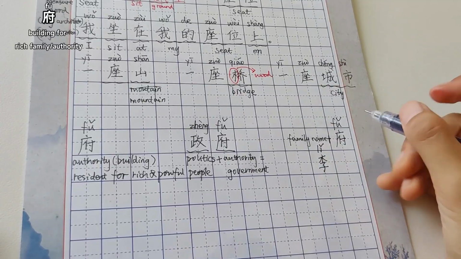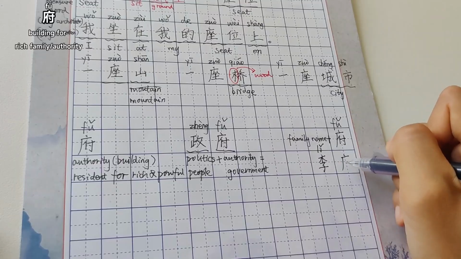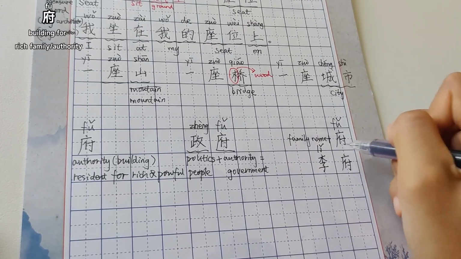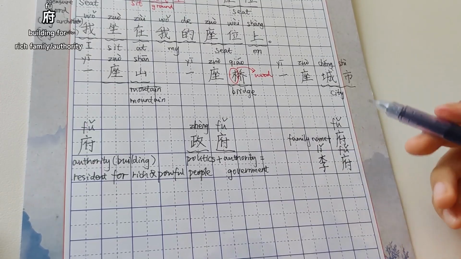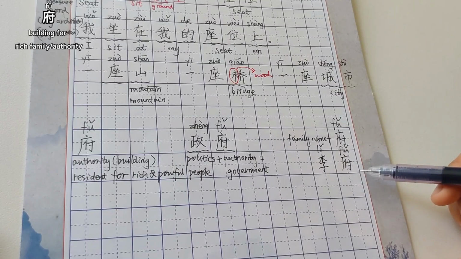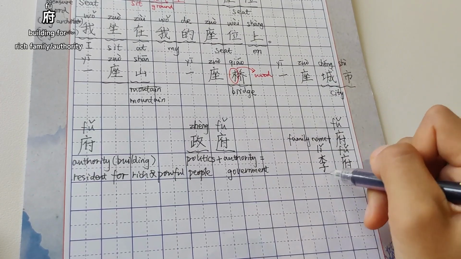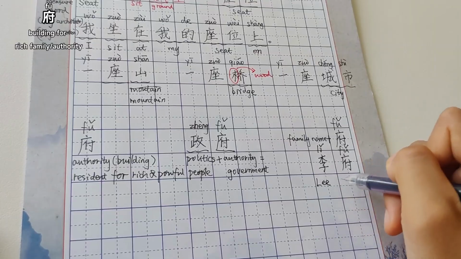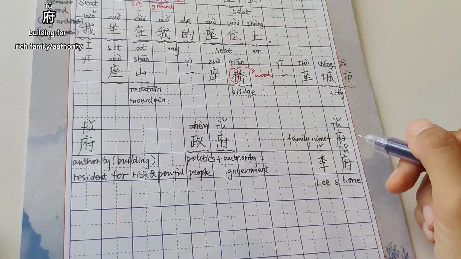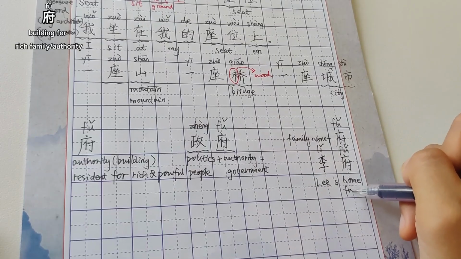Li, and then we put the fu after it. So that would be Li Fu, and that could mean Li's home or Li's family.